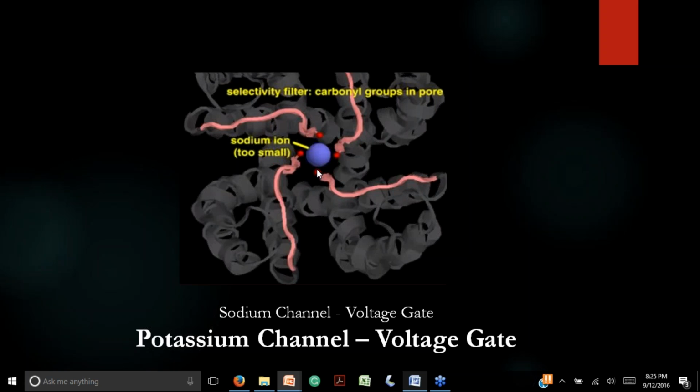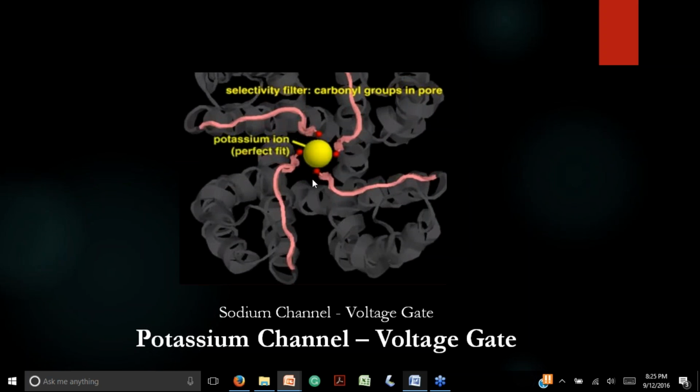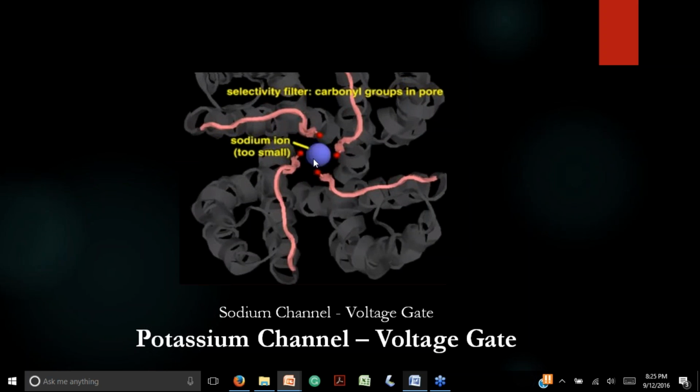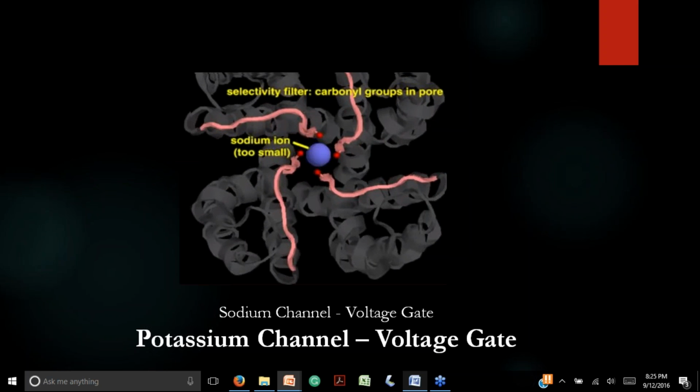This opening is going to exactly match the size of the element that is going to pass through, in this case, potassium. So with this, we can infer that there are different receptors or different transporters for potassium and sodium. So they are different.